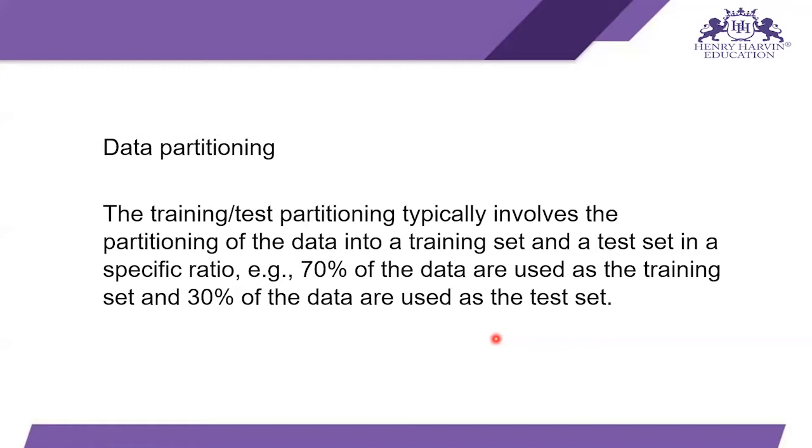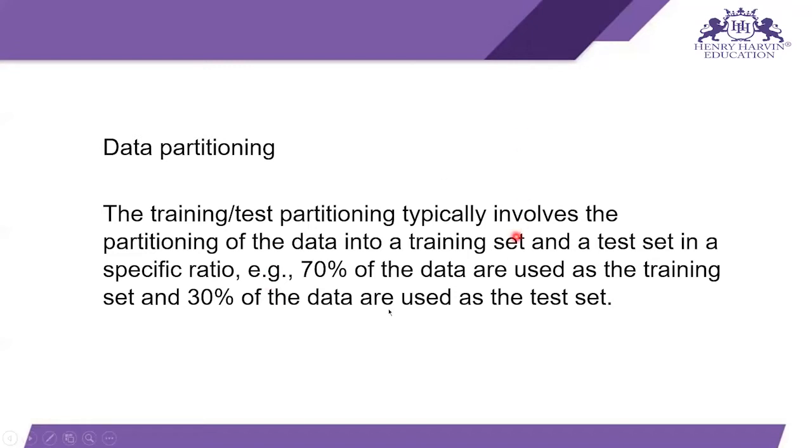So don't just split your data set 50 and 50. Try to make a higher ratio for the training and a lesser one for the testing data set, and it's all up to you how much ratio you want to give. But 70% and 30% is what most data scientists and other machine learning and deep learning engineers use to split their data.